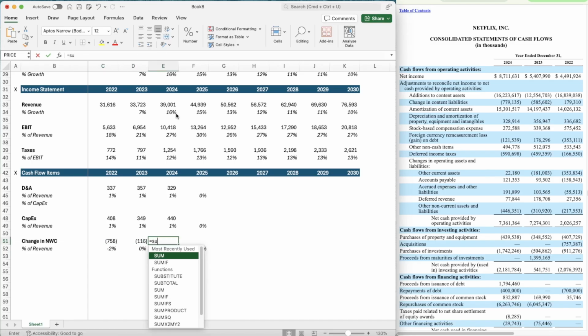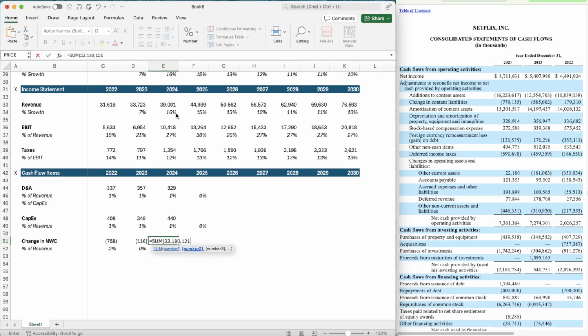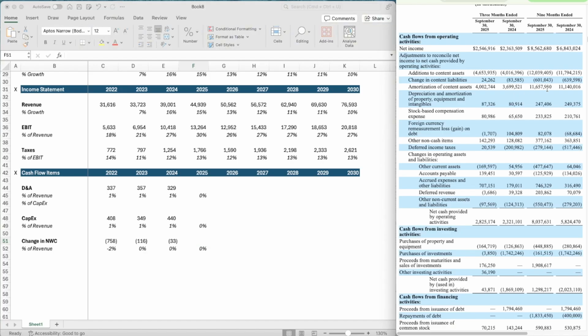And the final one for the 10K, it's 191.897774, negative 461. Go onto the 10Q now.